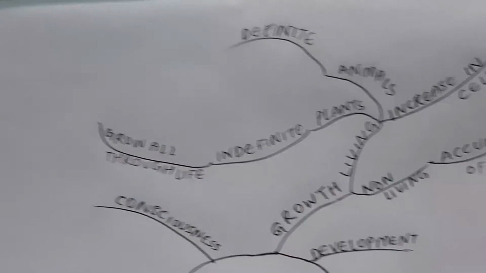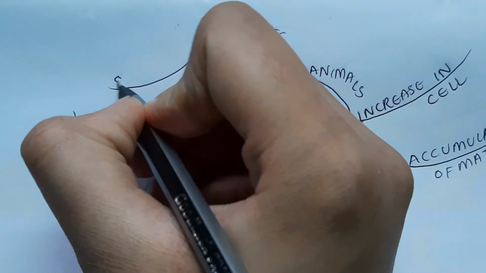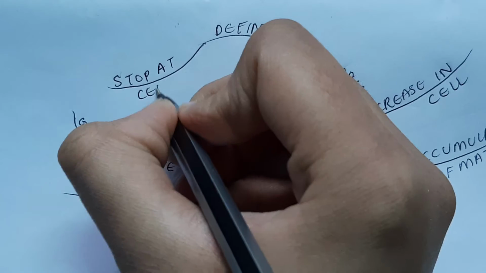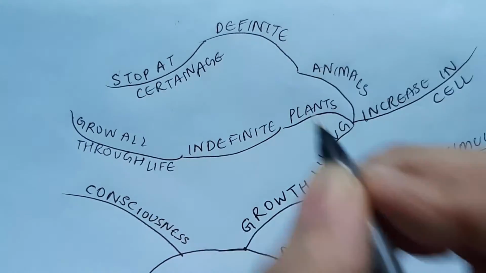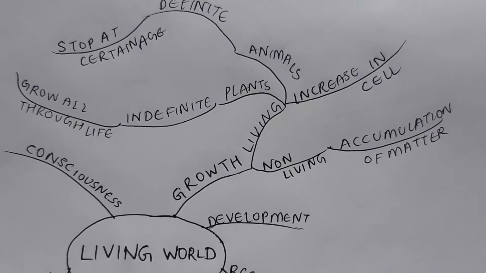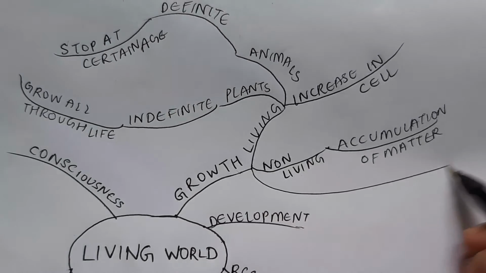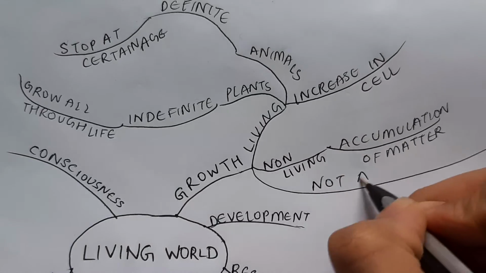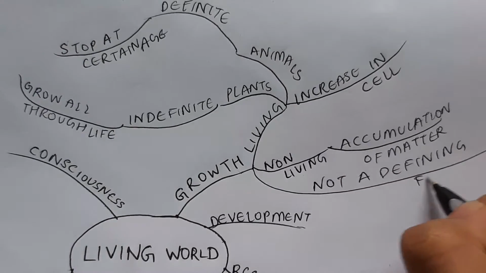And this is with the help of apical meristem, while animals stop at a certain age. So we have seen that growth takes place in both living organisms and non-living organisms. So it is said that it is not a defining feature.